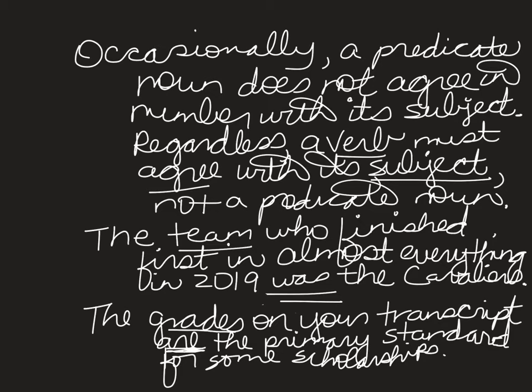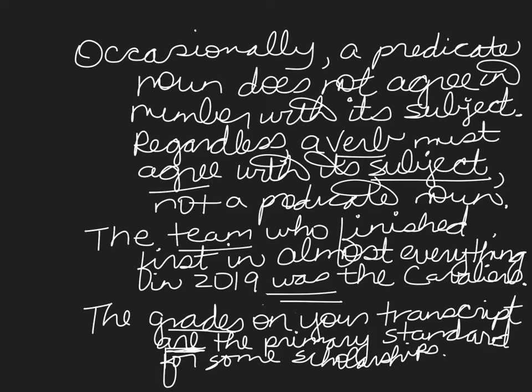The subject in this sentence is team. Team is singular. Was is a singular verb. Team was the Cavaliers. And another example of this, the grades on your transcript are the primary standard for some scholarships. Okay?